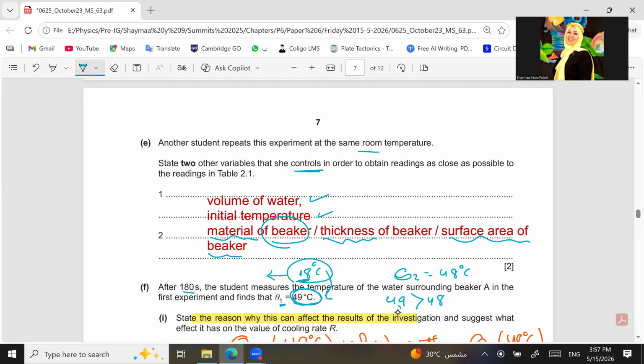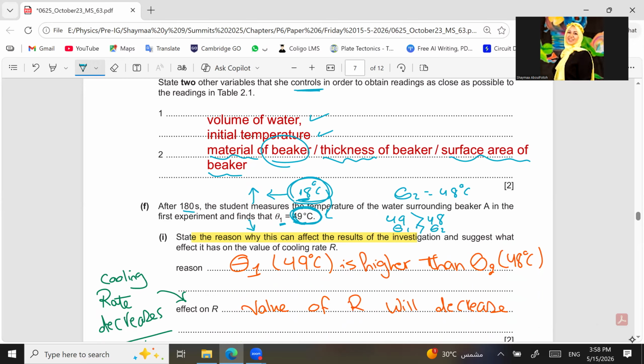It means theta 1 will be more than theta 2. So what happens to the cooling rate? Now the cooling rate will be less, or decreases. Because when the temperature was 18, the cooling rate is faster because the difference in temperature is more. But now it becomes 49, so the cooling rate becomes less because the difference in temperature is less.